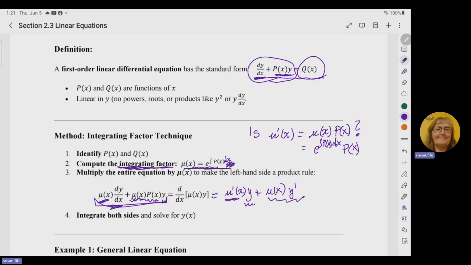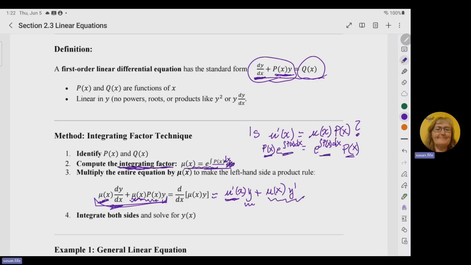When you take the derivative of an exponential, you take the derivative of the exponent, the derivative of the integral of p of x dx, which is p of x. And then you multiply by that same exponential, e to the integral p of x dx. And notice that these are the same. We have p of x times that exponential.